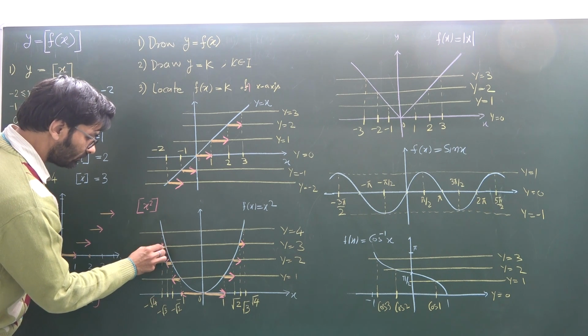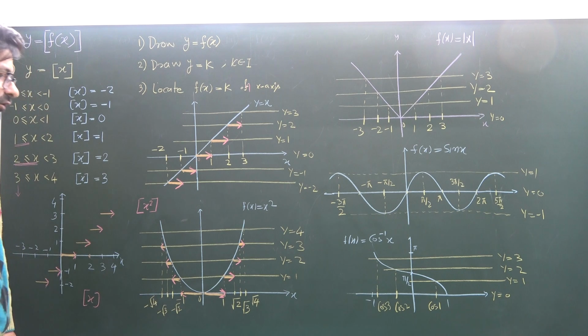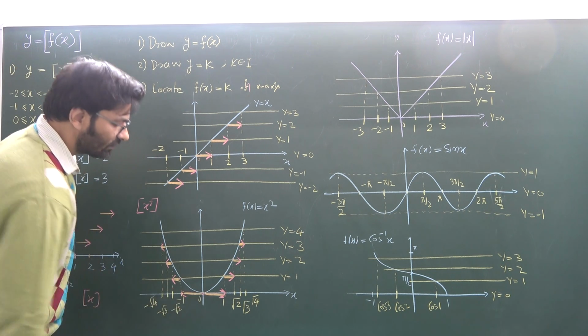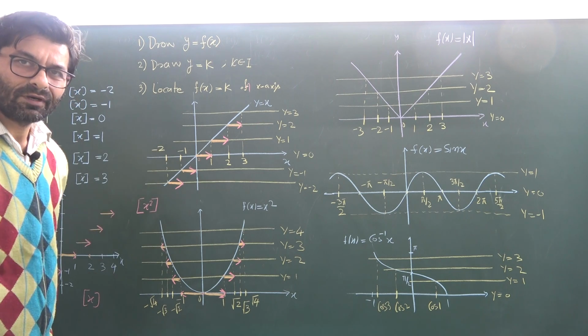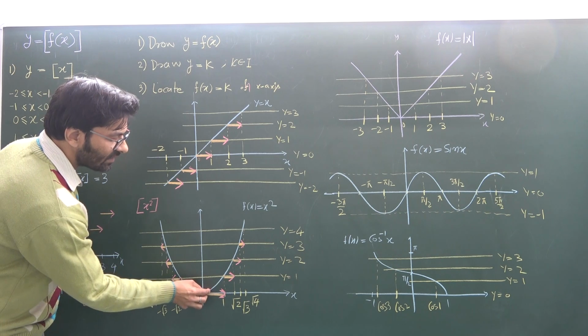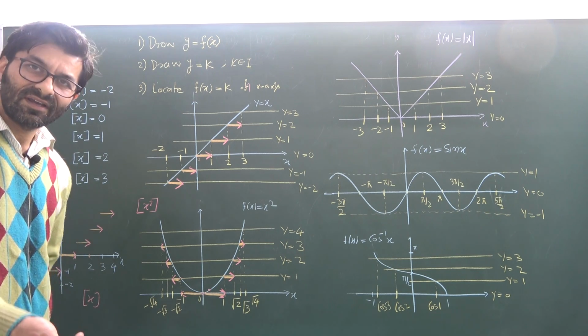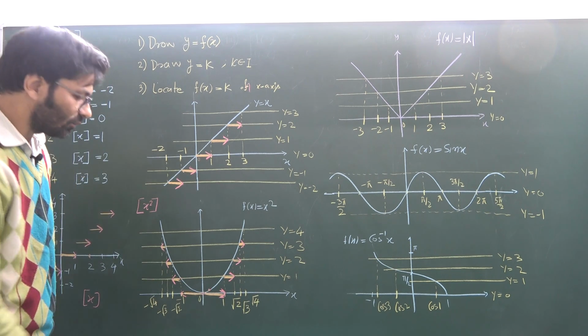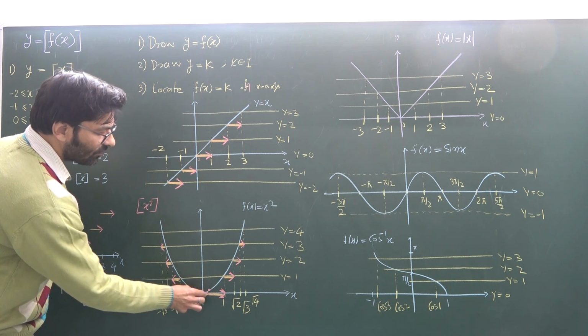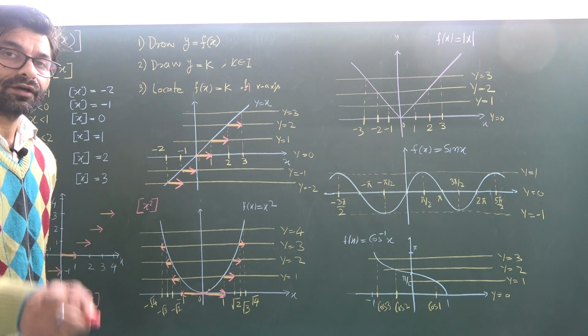Likewise, what about x equals 0? Suppose you move slightly from x equals 0, the y coordinate is 0, but if you move slightly towards the right hand side, the y coordinate is slightly greater than 0, but again the greatest integer of it would be 0. This is the reason that at x equals 0, even if you move away from it in either direction, the y coordinate will be 0.